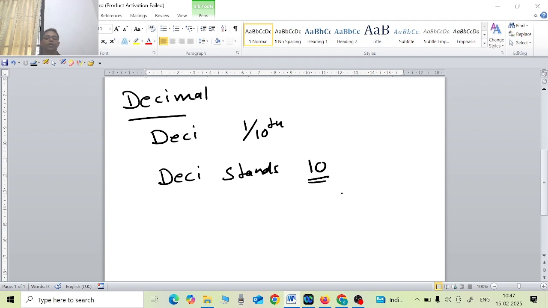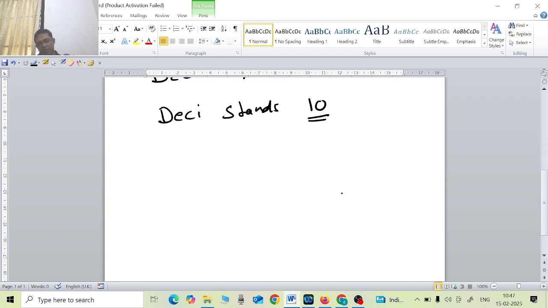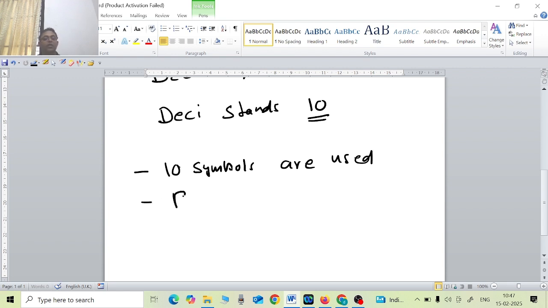The reasons why it is known as the decimal number system are: the first reason is it uses 10 symbols. And the second reason is its weight or base is in tens.